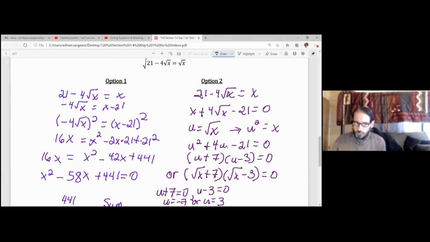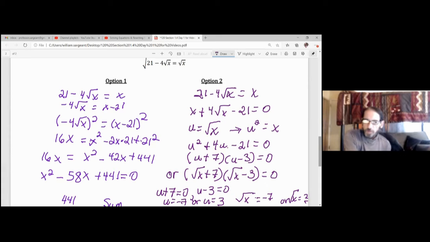Or a bit quicker, we'd be seeing that if we set each of those factors, with the x still involved, square root of x plus 7 equal to 0, then square root of x equals negative 7, or square root of x equals 3.